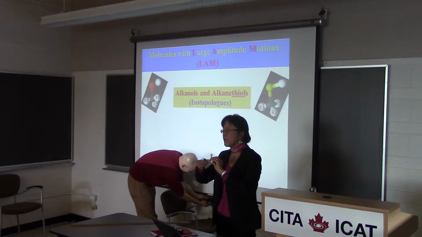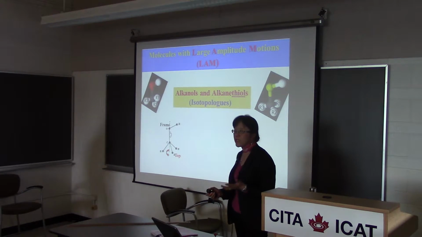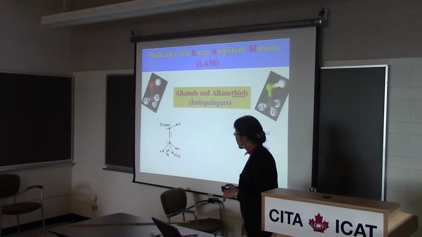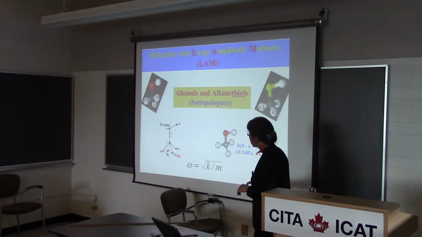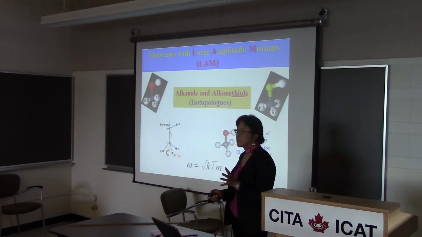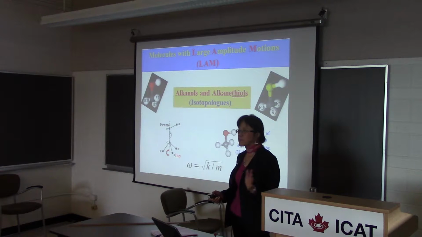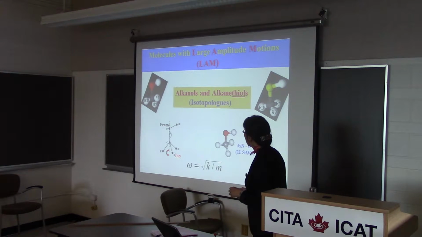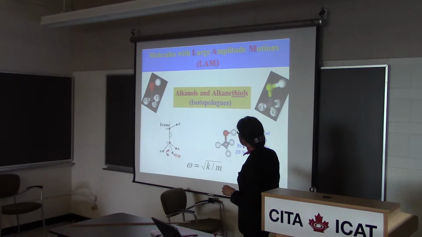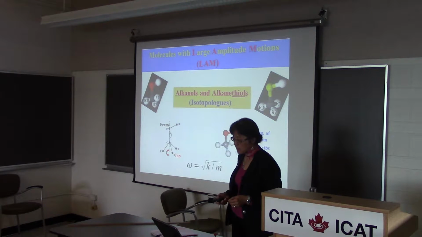That's called the large amplitude motion. This motion, in fact, doesn't need too much energy. So it's quite floppy, because the force constant is very small. This large amplitude motion basically results in a rich and complex spectrum and brings a challenge to us. We look at not only their parent species but also other isotopic forms, which can also be detected in the interstellar environment.